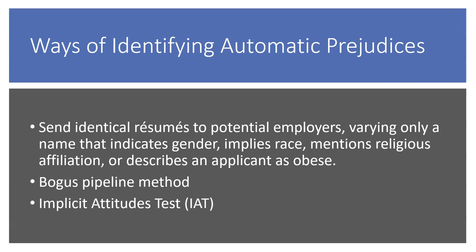Then you have the type of test that can uncover the second bullet point from the previous slide. When people have implicit attitudes that they're not consciously aware are kind of floating around in there, but nevertheless can impact their behaviors. So let's dig into the implicit attitudes test a little bit more.